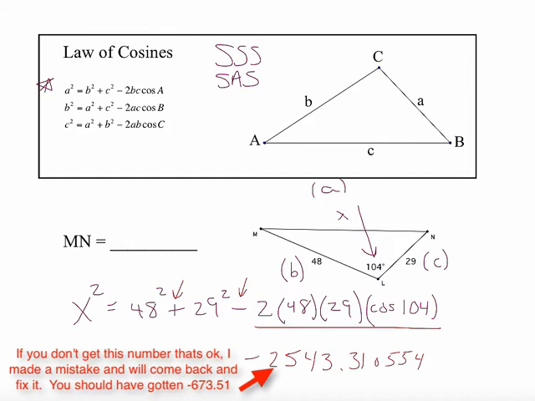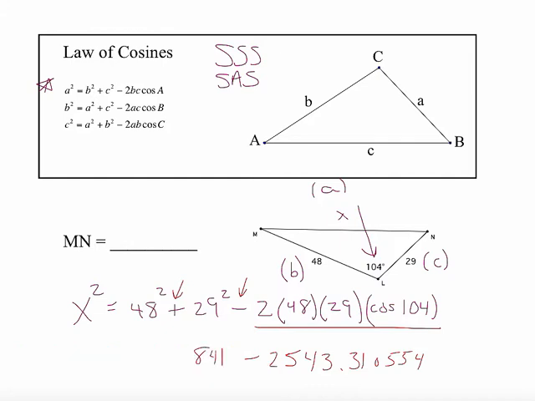Now I'm going to go ahead and do the 29 squared because exponents happen, or really should have happened, before all of that. 841 and 48 squared, which is 2,304. And there's a plus between those things.